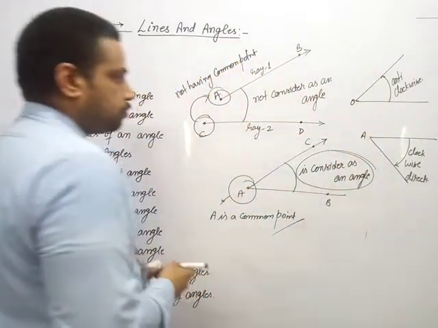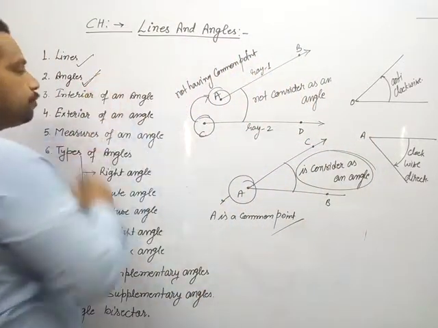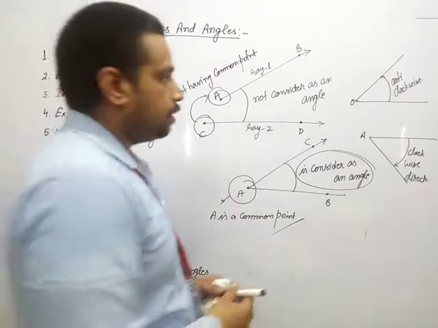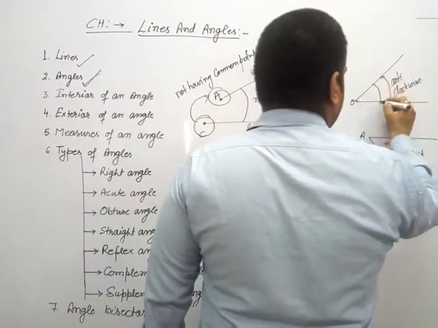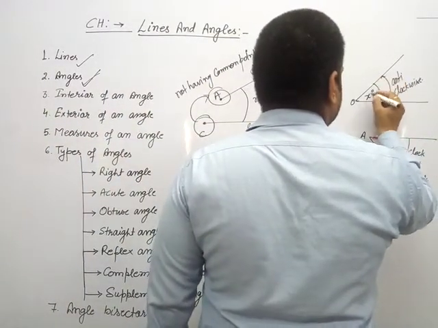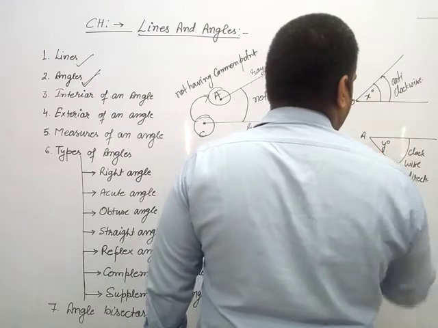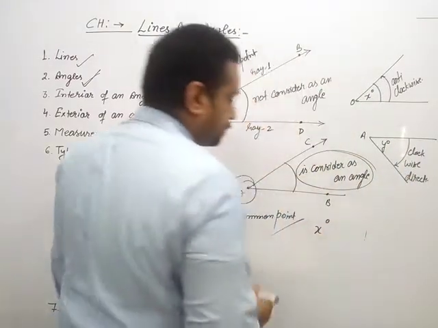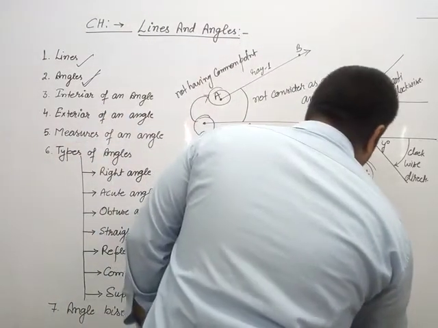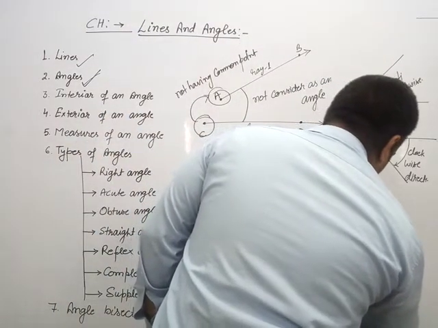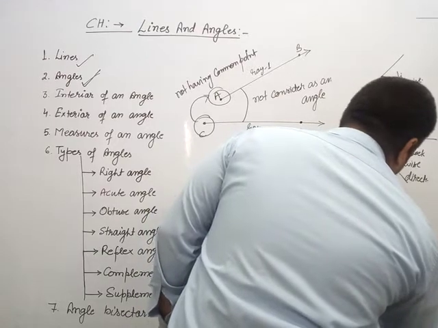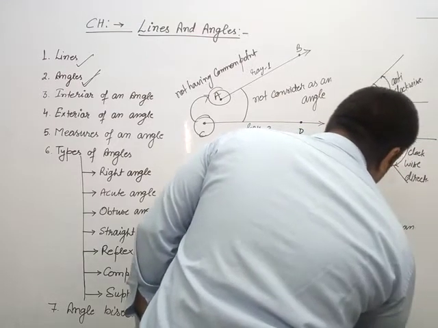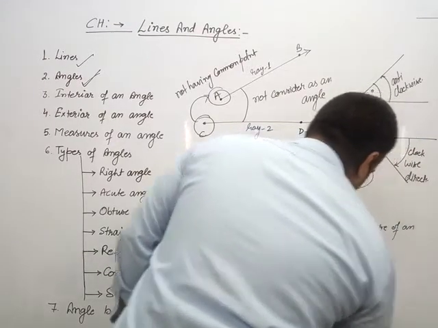So I think the angle is clear to you, and this is called the measure. The gap is written as x degrees, y degrees. So what is x? This is known as the measure of an angle.